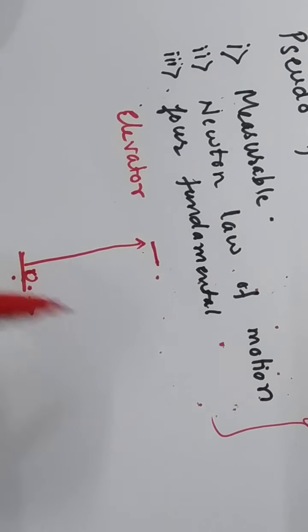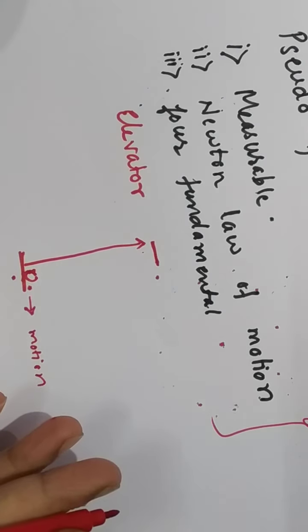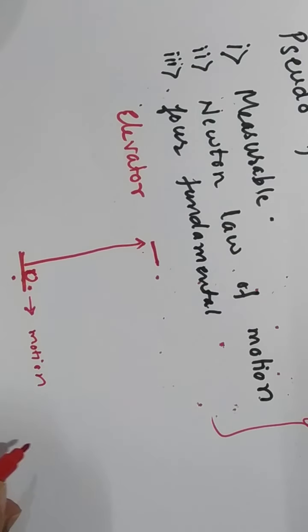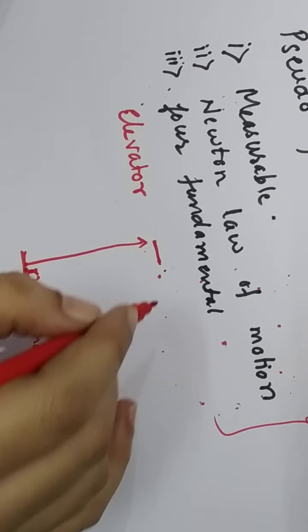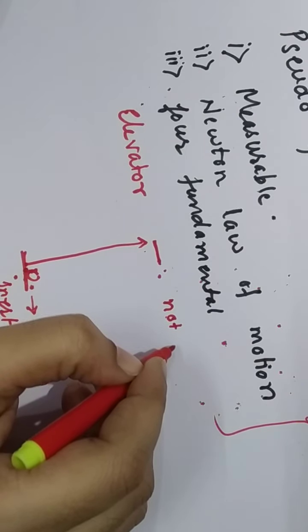And second, these two forces arise because of the accelerated motion of the frame of reference. Frame of reference means coordinate system, whether it is XYZ axes or R and theta axes. If our frame of reference at this particular point is not stationary, not inertial, then at this position the frame of reference will be called non-inertial.